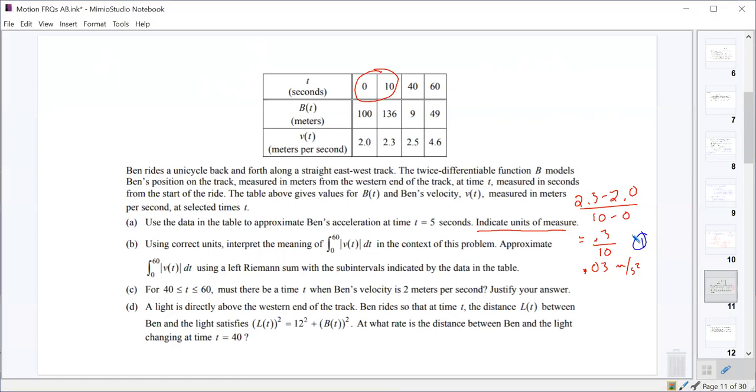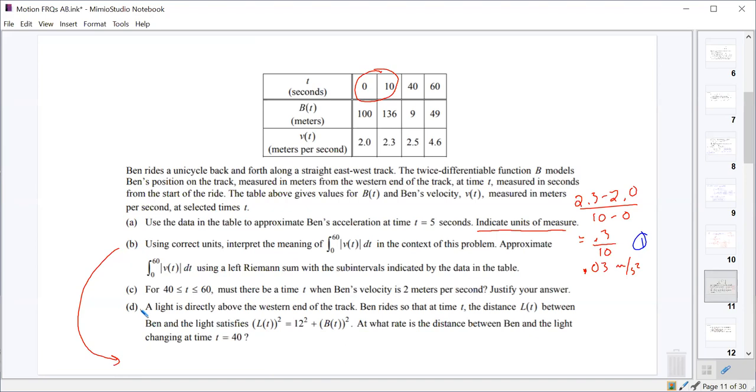Exciting. All right, part B, using correct units, interpret the meaning of the integral from 0 to 60 of the absolute value of v of t in the context of the problem. So what is the integral from 0 to 60 of the absolute value of v of t? The integral of speed. No, it is not the distance from his starting position.